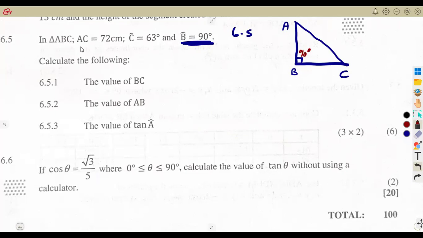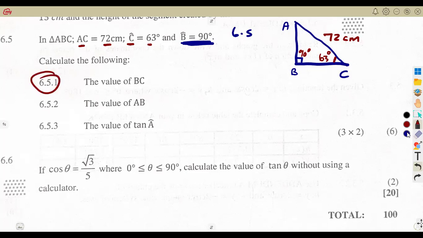All right. AC is 72 centimeters, from A to C. Angle C is 63 degrees. This is what you're given so far.